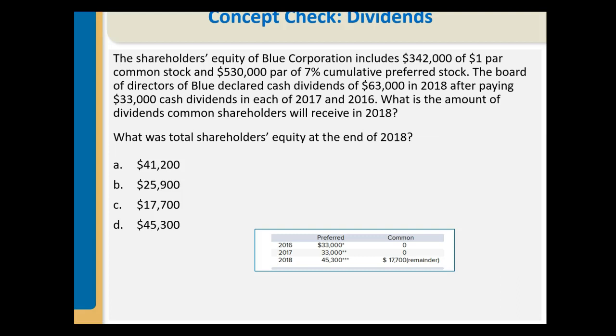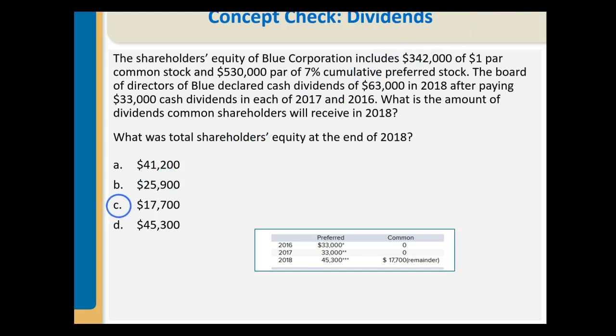What is the amount of dividends common shareholders will receive in 2018? And what was the total shareholders' equity at the end of 2018?